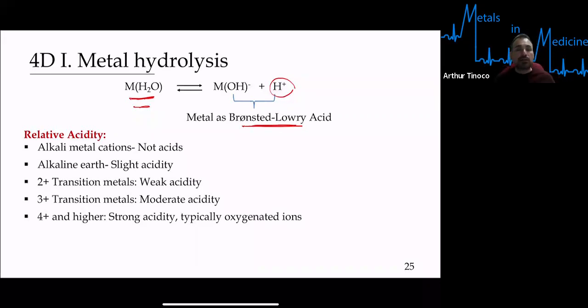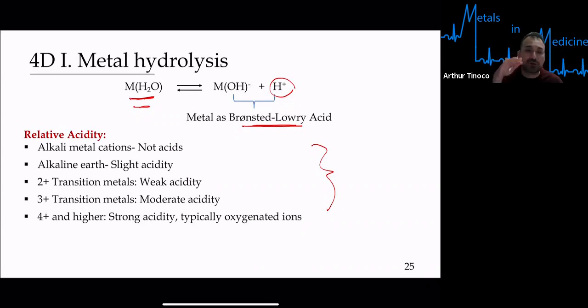Because it has the capability of releasing a proton, it's serving that function as a Bronsted-Lowry acid. And here, what I'm listing to you is the relative acidity for different metals in terms of their capacity to induce metal hydrolysis, or their capacity as a Bronsted-Lowry acid.